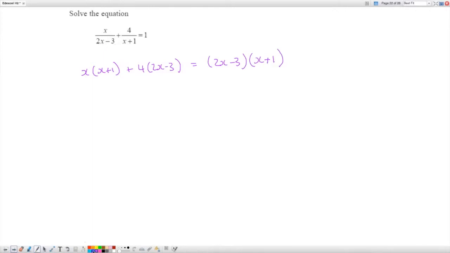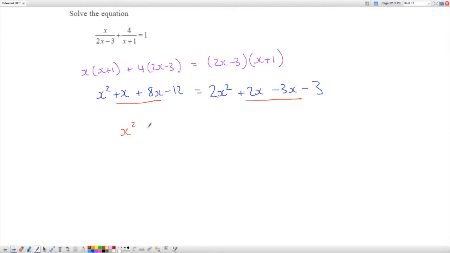Okay, now let's simplify these terms. Here we have x squared plus x. Here we have 8x minus 12, which is equal to double brackets here. So we're going to have a quadratic, 2x squared plus 2x minus 3x minus 3. Simplifying this, we put these terms together and these terms together.